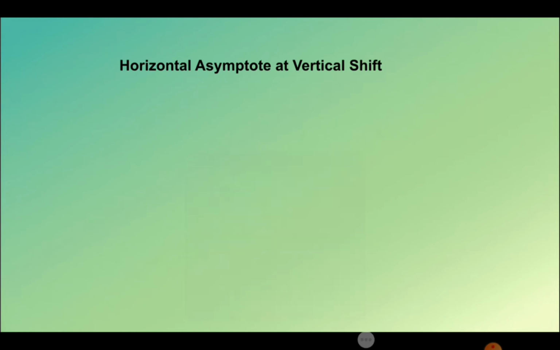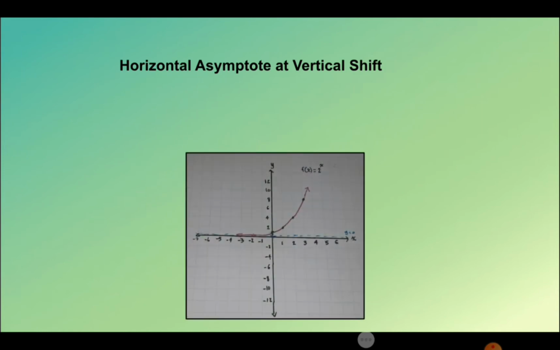So a vertical shift actually shifts both the graph and also the asymptote. So when you have an exponential function that did not shift, the asymptote would be at the x-axis, or when y is equal to 0. But when there is a vertical shift up or down, that asymptote as well as the function shifts.